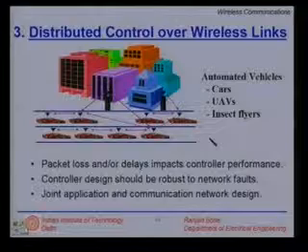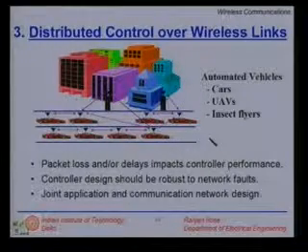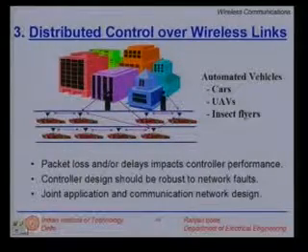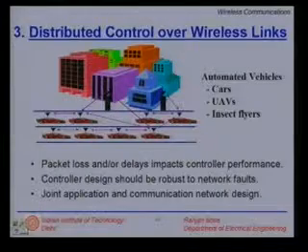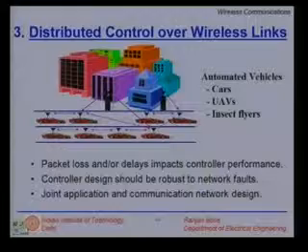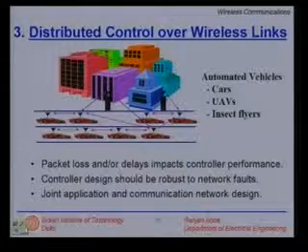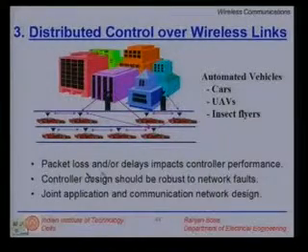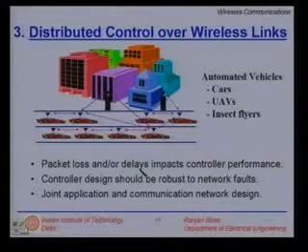Another emerging wireless area is distributed control over wireless links. Since it is wireless, since I have access to several mobile computing resources, why not distribute the computing? Here the problems are packet loss and delays impacting the controller performance.